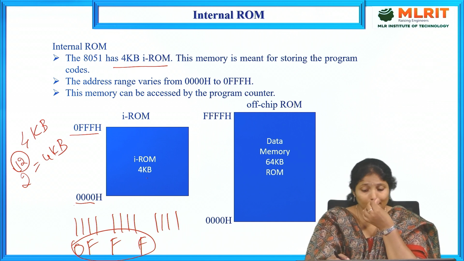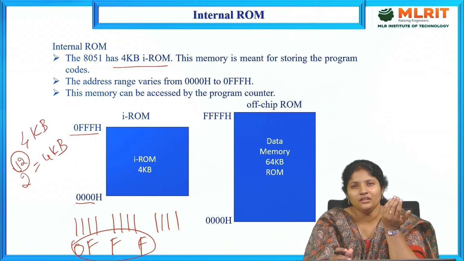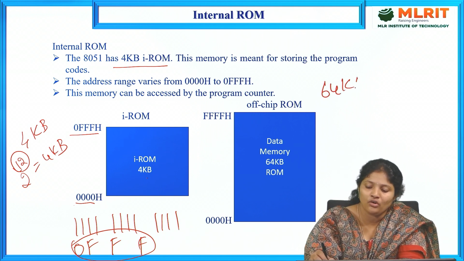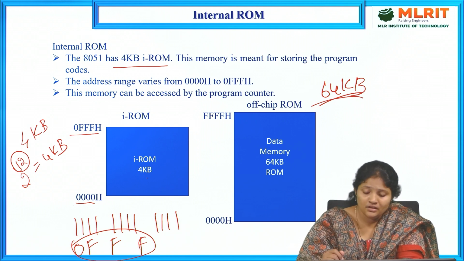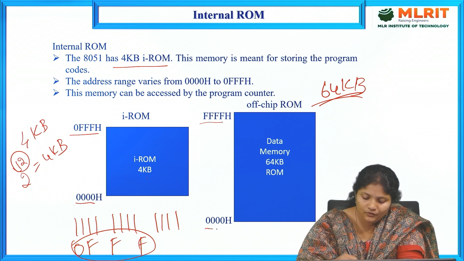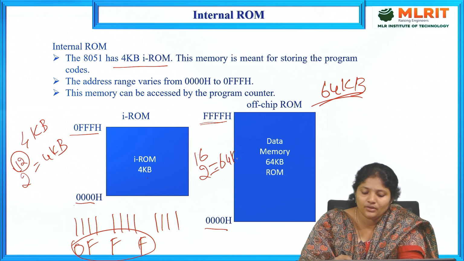I have already told you that if we want to access external memory of 8051, it supports 64 KB of memory. So to support 64 KB of memory, we use 16 address lines in 8051, from 0000 to FFFF, because 2 power 16 is equal to 64 KB.